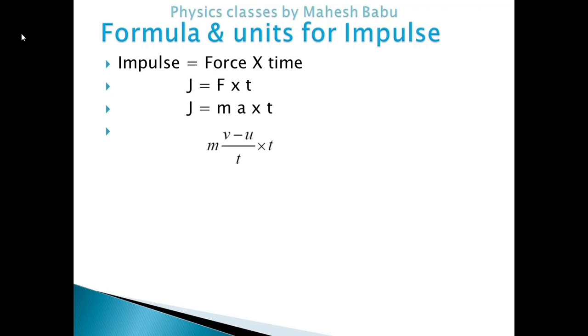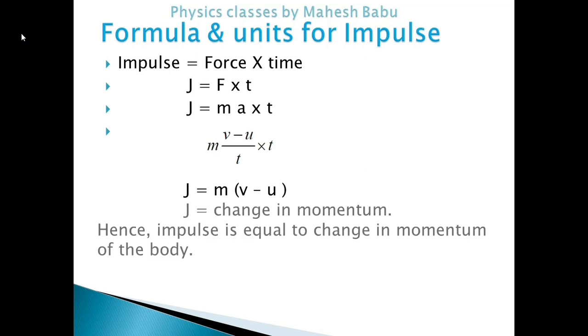Acceleration we can write as (v minus u) by t, change in velocity by time taken, and then multiplied by t, the t gets cancelled. So J equals m into (v minus u). Impulse equals m into (v minus u). As we know, m into (v minus u) is the change in momentum. So impulse is equal to the change in momentum of the body.